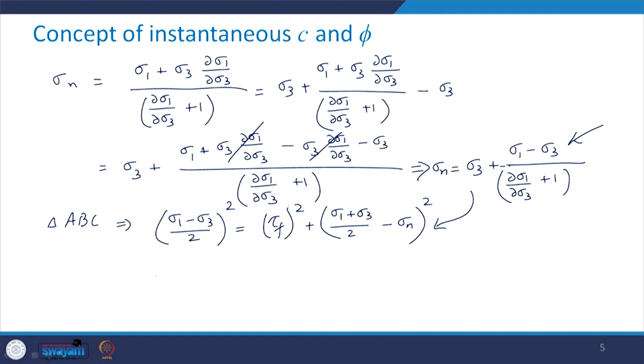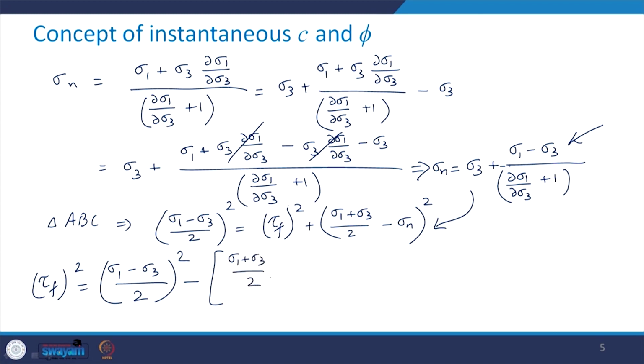What we are going to get is tau f square is going to be equal to ((sigma 1 minus sigma 3)/2) whole square minus ((sigma 1 plus sigma 3)/2 minus sigma 3 minus (sigma 1 minus sigma 3)/((del sigma 1/del sigma 3) plus 1)) and whole square of the whole thing.